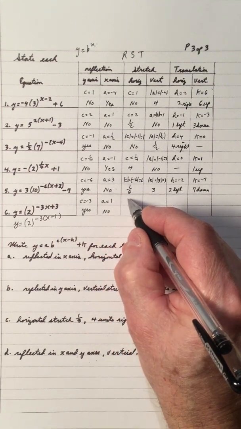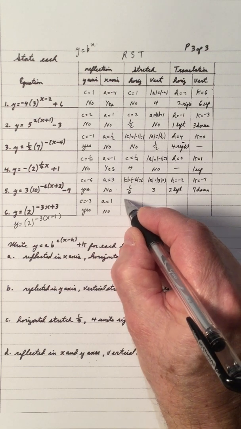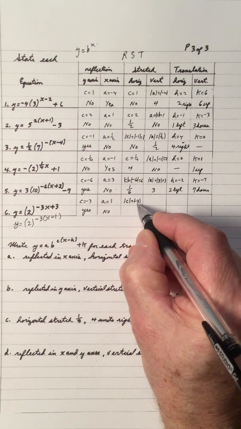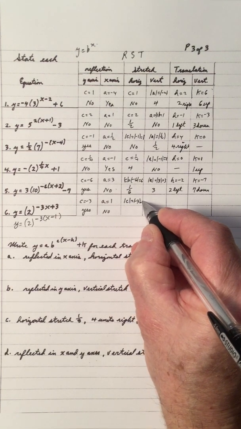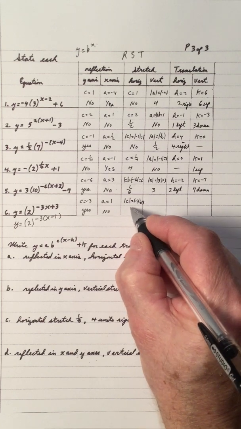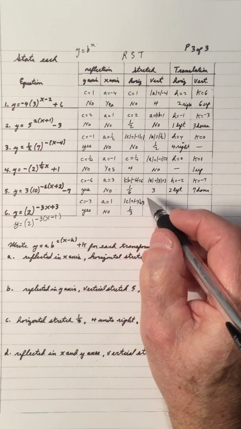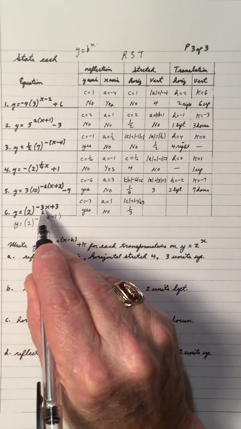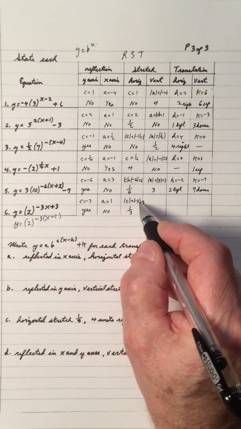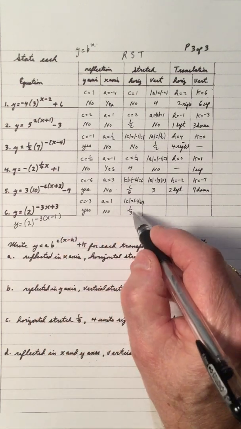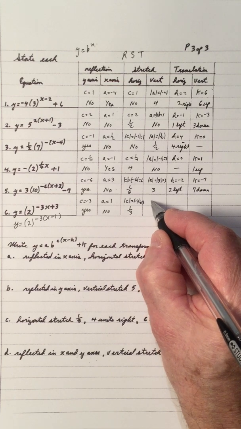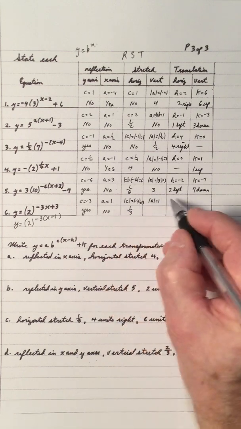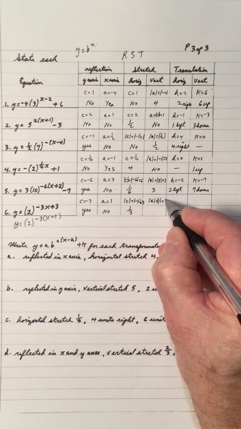And the horizontal stretch is the absolute value of c, the absolute value of -3, which is 3, and so it's the reciprocal. The absolute value is 3, but the reciprocal of 3 is 1/3. And the vertical stretch is the absolute value of a. There's a 1 here. The absolute value of 1 is 1.